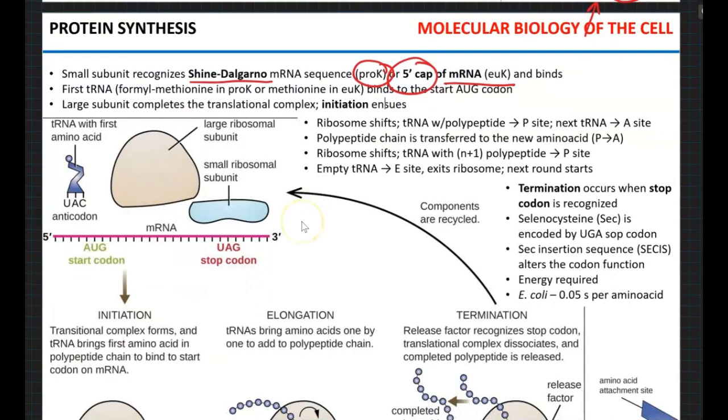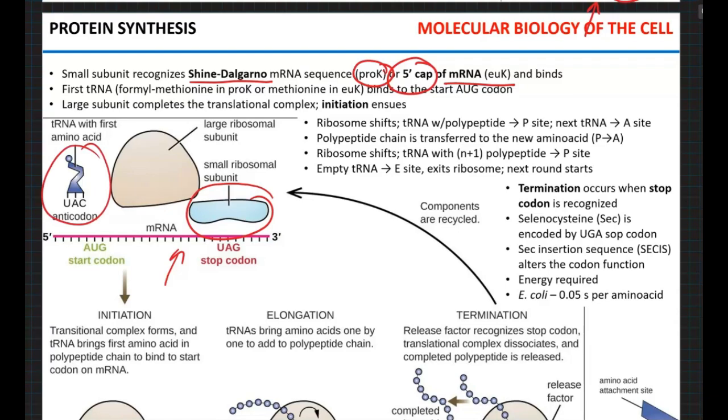First, it has to assemble the translation complex. That translation complex consists of, first, the small ribosomal subunit, which binds to mRNA, and the first tRNA.